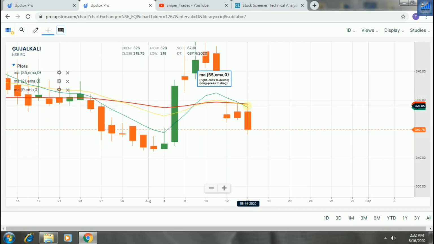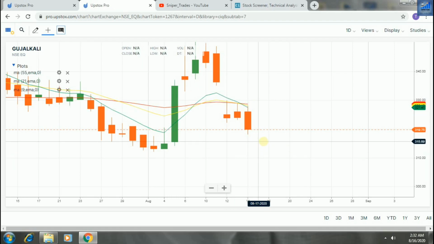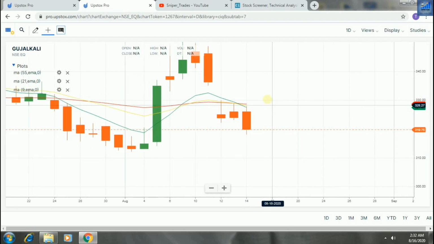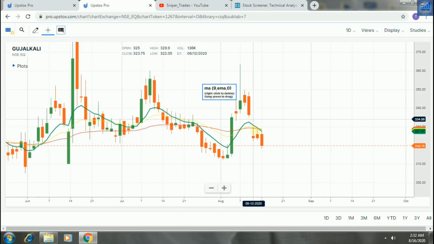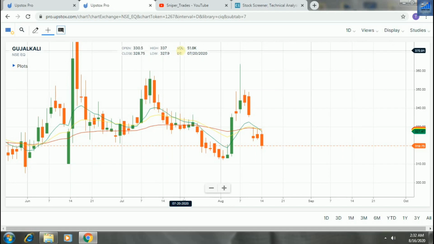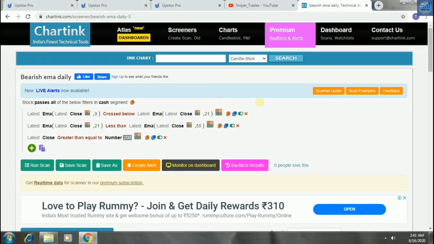So the price is expected to move further downwards also, but this setup is not that perfect because the stop loss is very big. See, it is not apt. So that is how we create scanners.